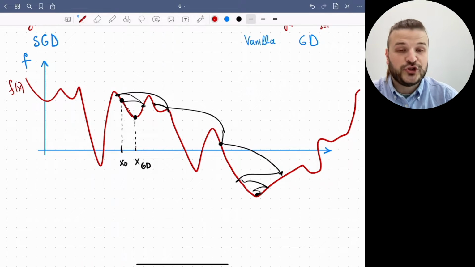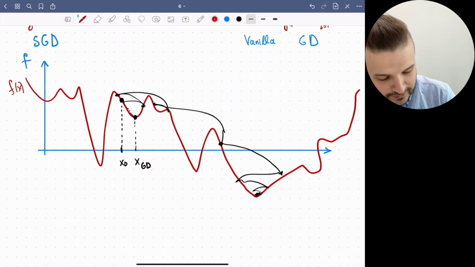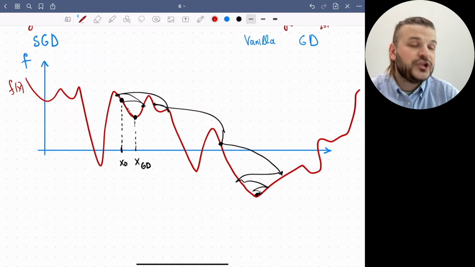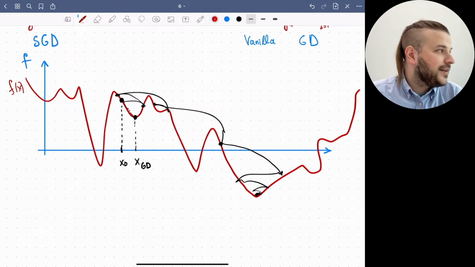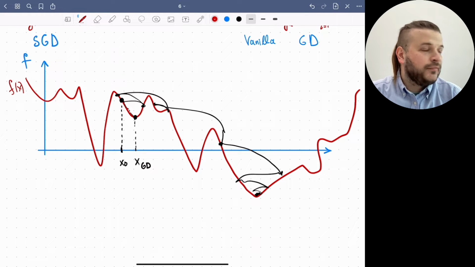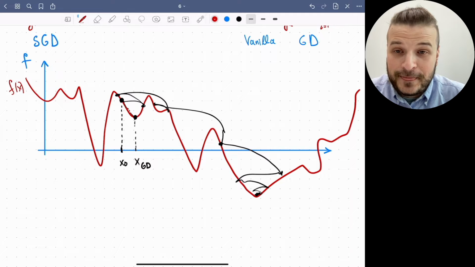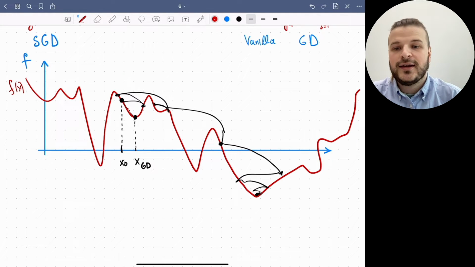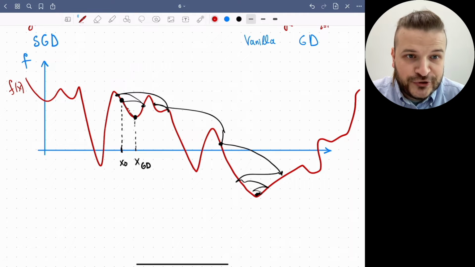And the intuition behind it is that initially, we were using stochastic gradient instead of the full gradient computation because of memory issues and time issues, right?